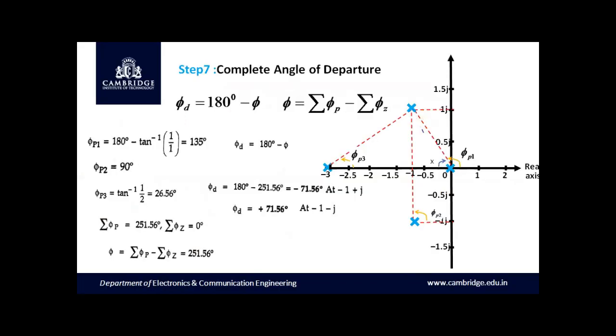Therefore, making use of the protractor, we have marked the angle of departure exactly at minus 71.56 degree for the complex conjugate pole at minus 1 plus j, as well as plus 71.56 degree for the complex conjugate pole at minus 1 minus j. This gives you the angle of departure. So we are done with step number 7.